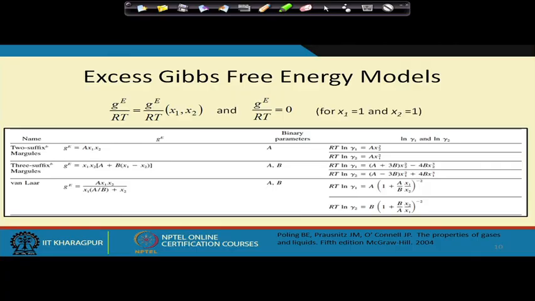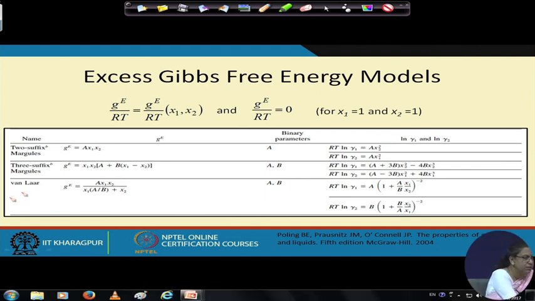Those equations are usually used for finding out the activity coefficient. The most common equations which will be important for this particular thermodynamic course are the 3 suffix Margules equation and the Van Laar equation. For these two, the excess Gibbs free energy model is given by these equations, and the ln gamma 1 and ln gamma 2 expressions are given from here.